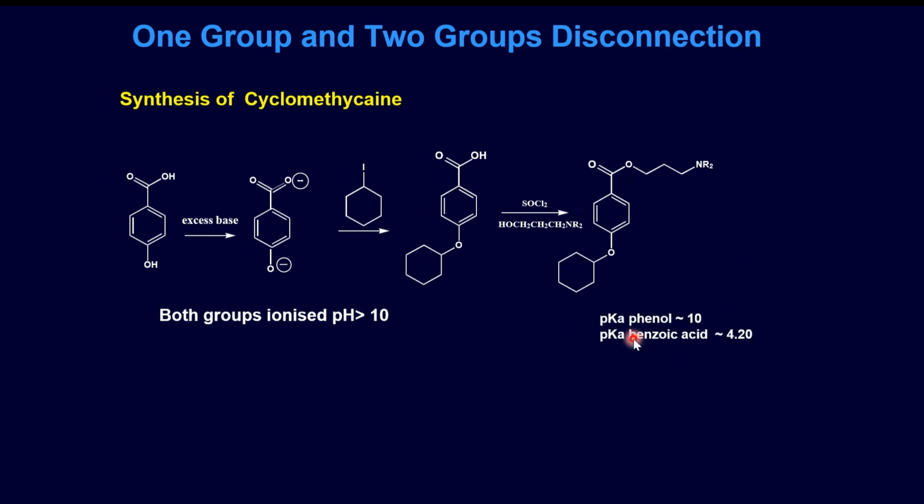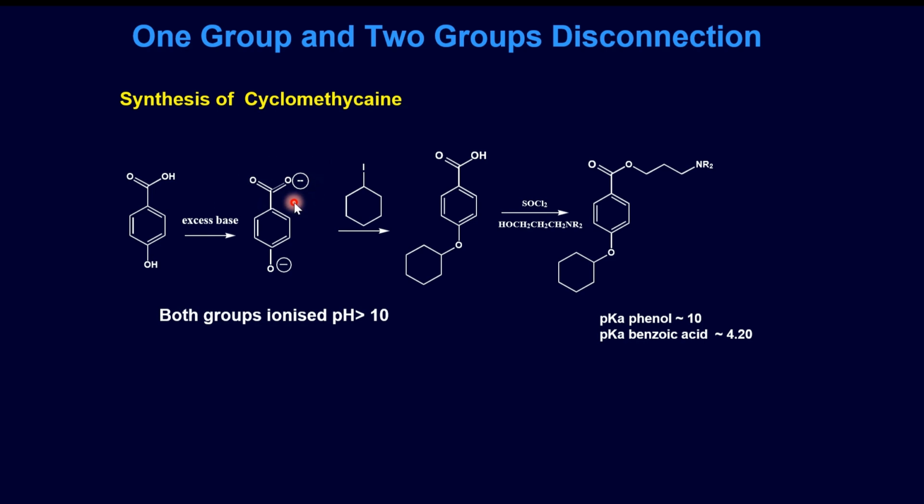Here the pKa of phenol is about 10 whereas benzoic acid is 4.20. This difference in pKa values I utilize to ionize only the phenolic OH, such that only the phenolic OH reacts, the carboxylic OH does not react.